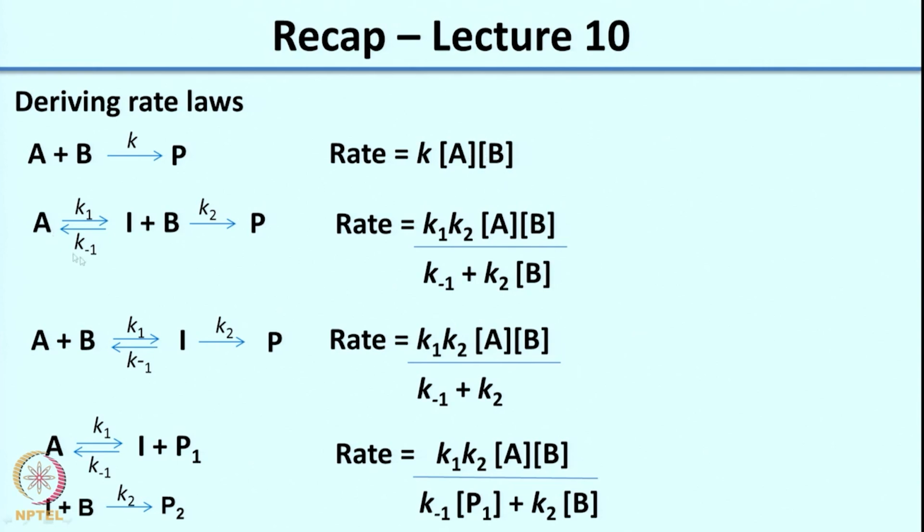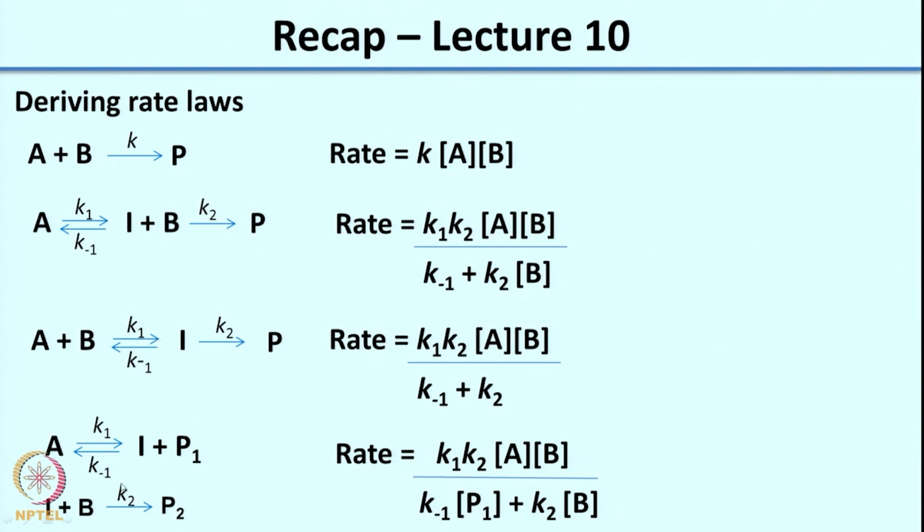The other option is where you form an intermediate I, and this intermediate I reacts with B to give you the product P. And we had derived the rate law for this particular mechanism as well. Another mechanism could be where A and B both react together to give an intermediate I first and then I gets converted to P, and the rate constants for all of these are indicated, and again the rate law for that was derived.